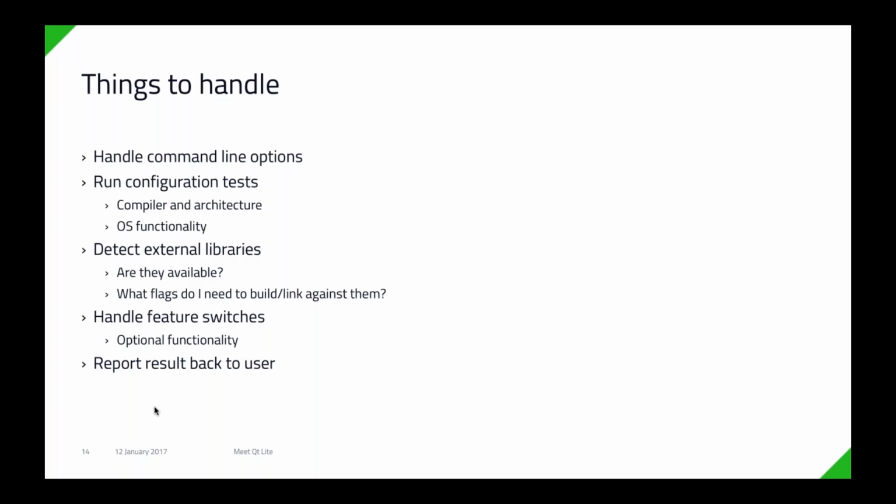We detect external libraries, whether they're available or not, and what flags you need to build against them. And then handle all the feature switches, which is actually the piece that we needed most urgently for Qt Lite. How can we make certain functionality inside the framework optional so you can leave it out when compiling the libraries? And of course, we also needed a way to report all of this back to the users.